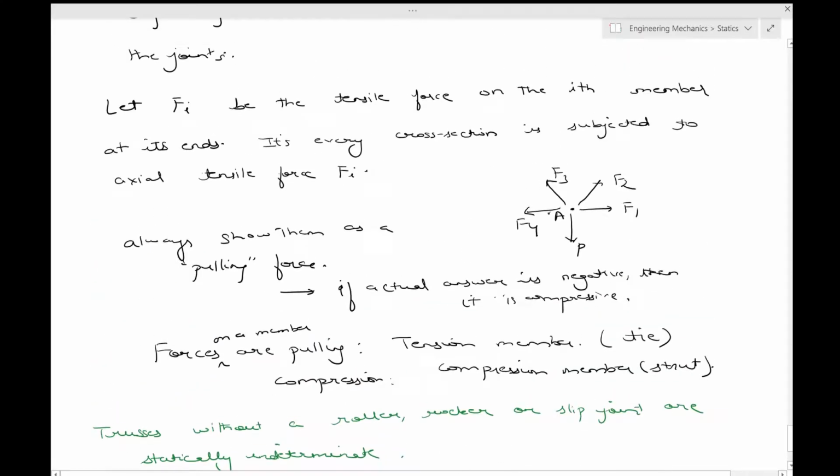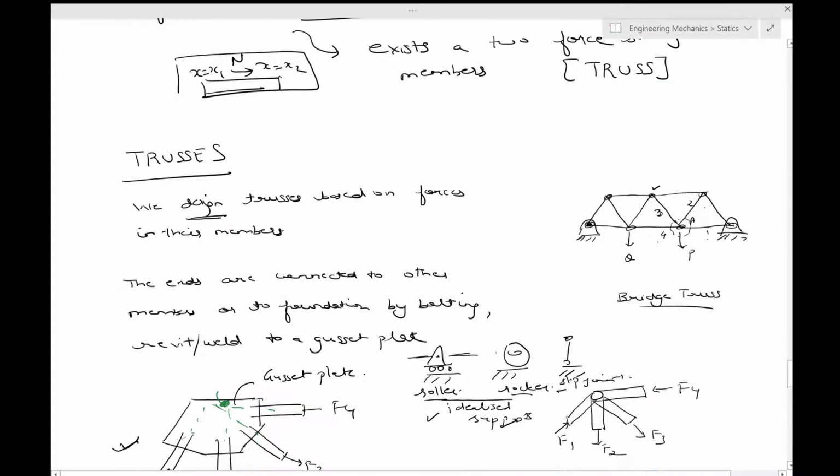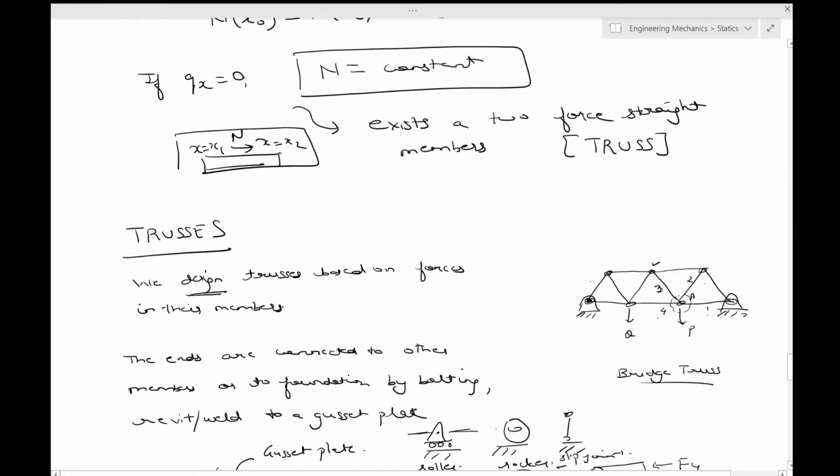So you can see this over here. Let's see how many members there are. 1, 2, 3, 4, 5, 6, 7, 8, 9, 10, 11. So B should be equal to 11. Just check this, I may be wrong. It has J joints.